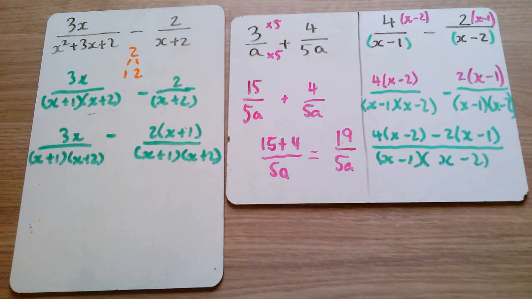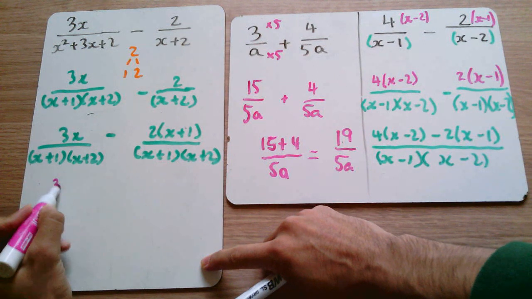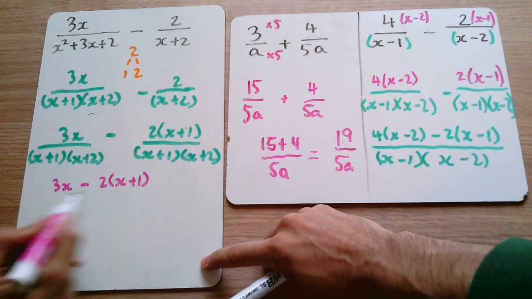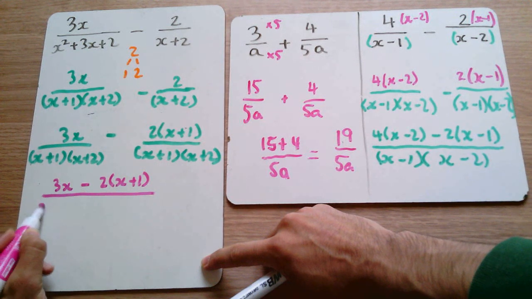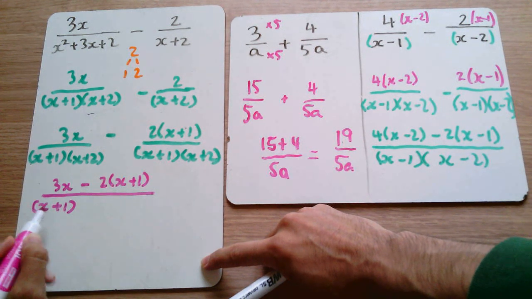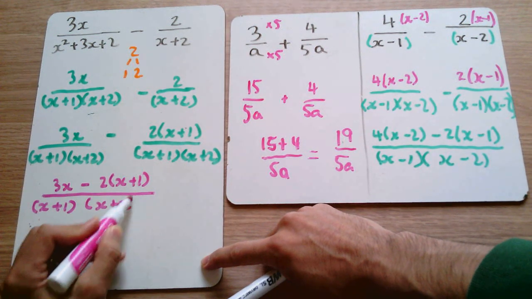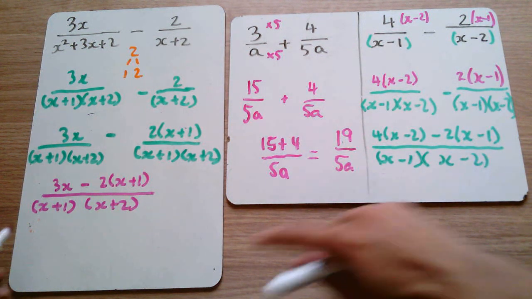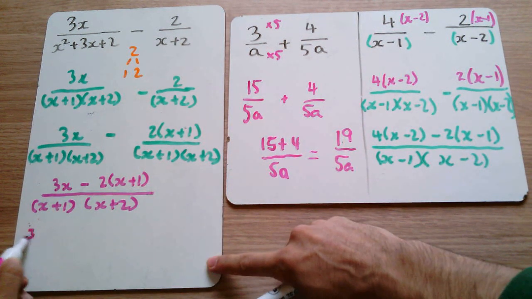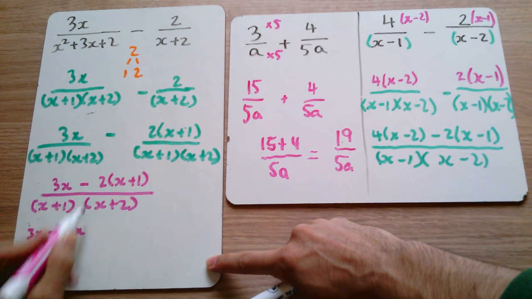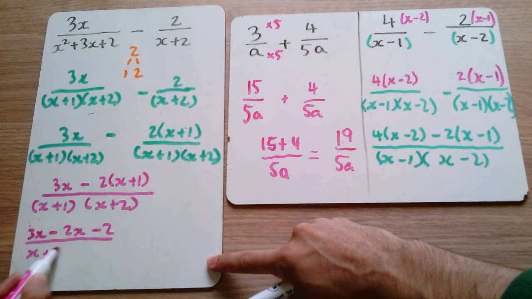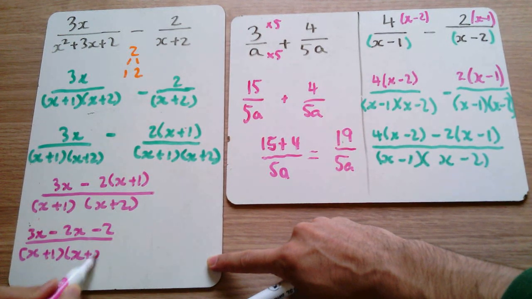We can now put it all over one fraction. So if we put this all over one fraction, we get 3x minus 2 times x plus 1 all over x plus 1 and x plus 2. And if we now expand the bracket on the top, we get 3x minus 2x minus 2 over x plus 1 and x plus 2.